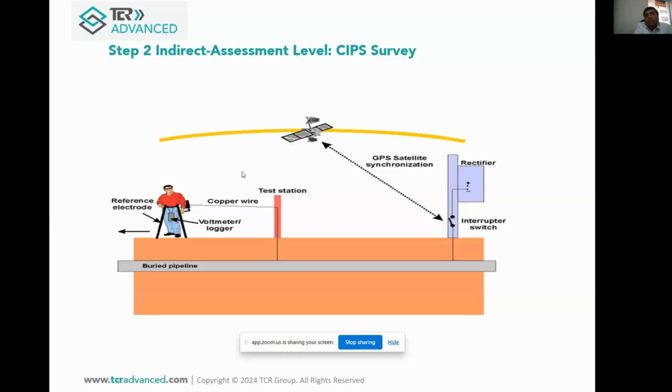So in this survey, you will get potential data of every meter. This will help you identify whether the pipeline is protected, under protected or overprotected, and equally you can identify the areas where corrosion or coating defects are taking place.